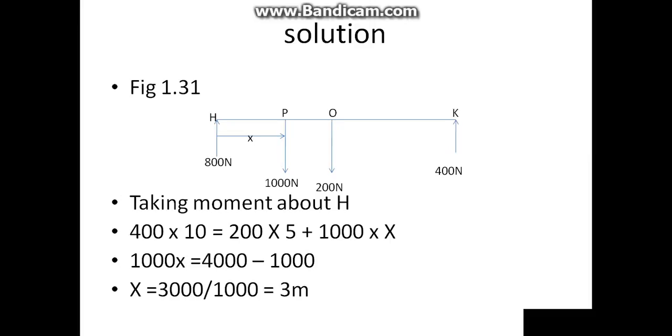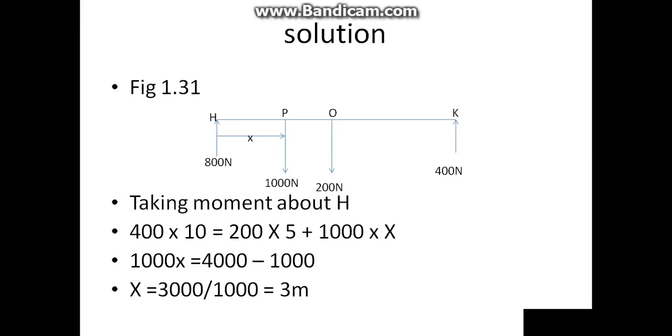Since the reaction is acting upwards, therefore 400 Newton, the reaction at K, times 10, that is the length of the meter rule, is equal to, since the weight of the meter rule is 200 and half of it is 5 meters, 200 times 5 plus 1000, which is where the man is, times x, which is what we are looking for.